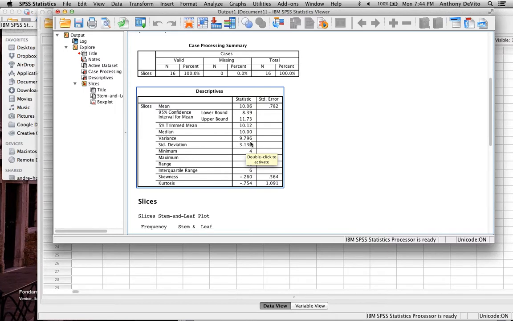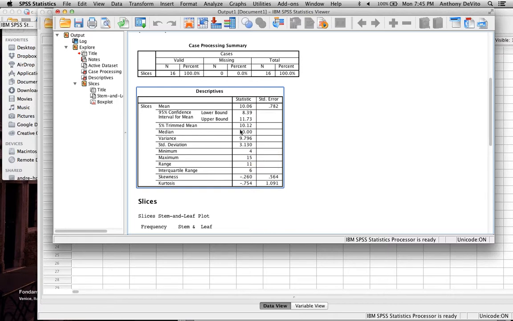I'm sorry, it was a sample size of 16. 3 divided by the square root of 16, which is 4, is approximately 1. I would have needed 1.96 times 1, or 1.96, added to 8 and taken away from 8, in order for me to say that Ben's is different from 8.